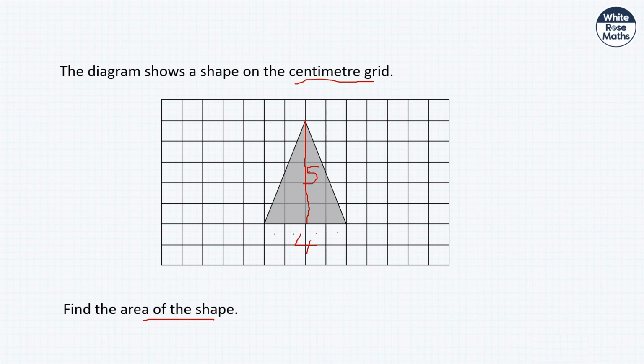So the perpendicular height is equal to 5. So it's 4 times 5, all divided by 2. 4 times 5 is 20, so I get 20 over 2, which is equal to 10. Now the units are going to be centimeters squared.